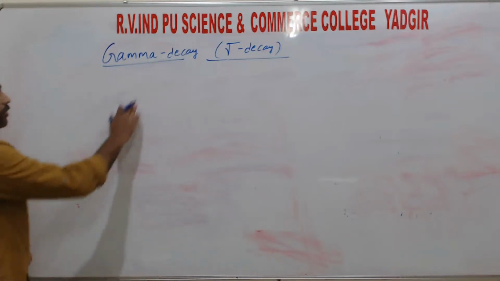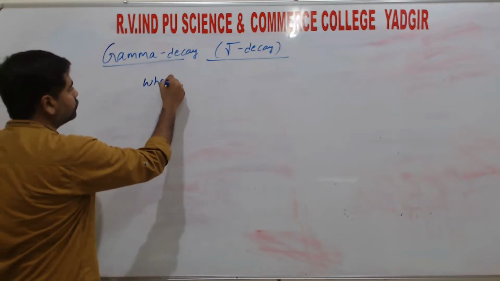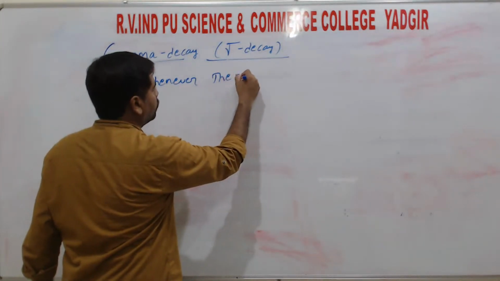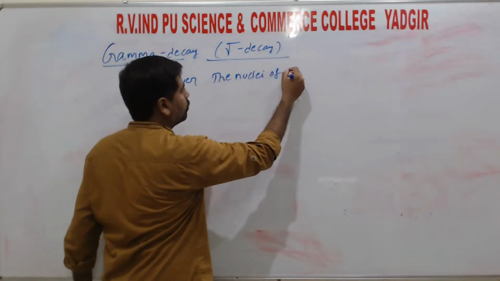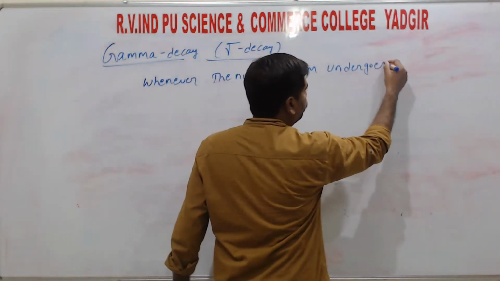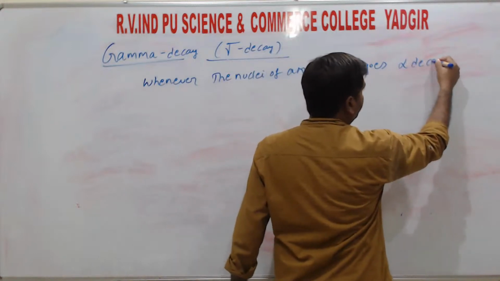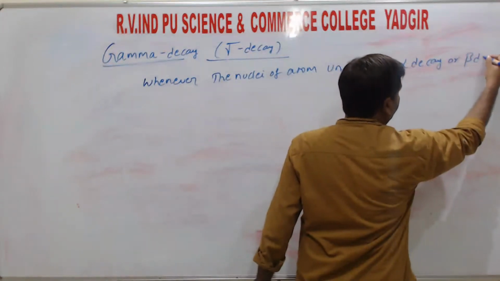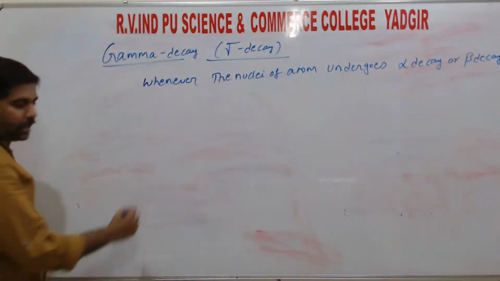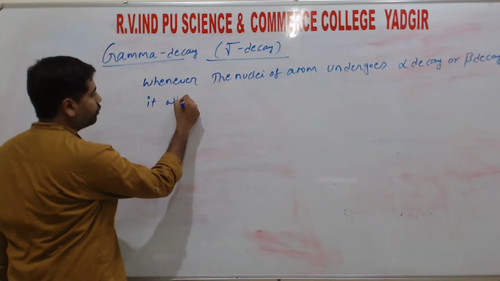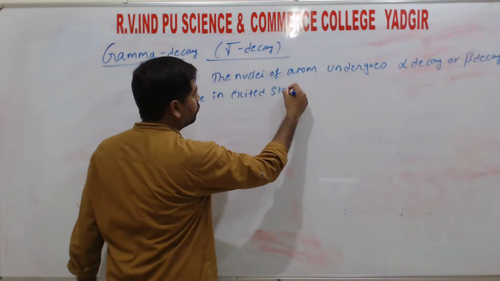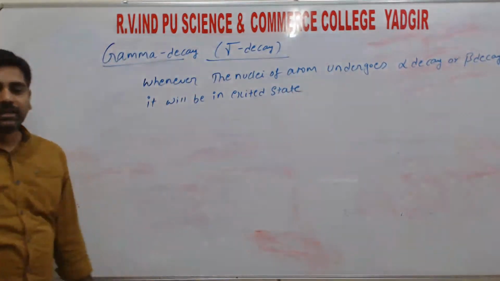So in gamma decay, whenever the nuclei of atom undergoes alpha decay or beta decay, it will be in excited state.